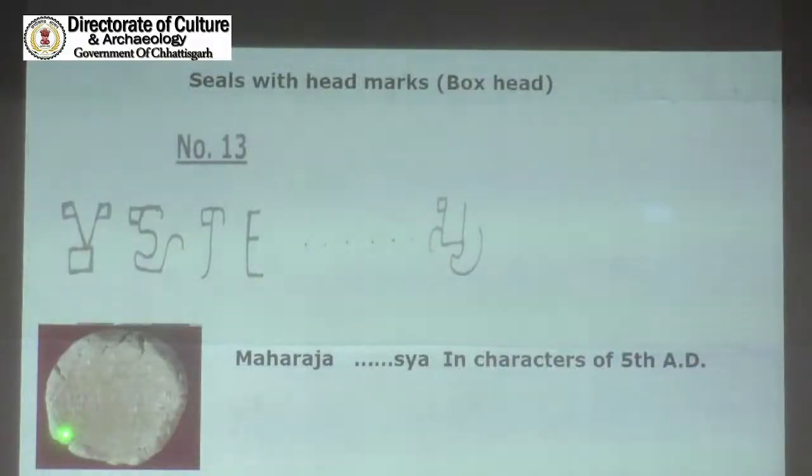So with the box-headed letters here, when you closely examine, you will come to know. On either side, they have tried to attach boxes and make an eye copy.